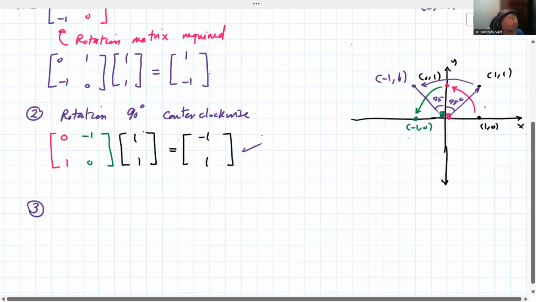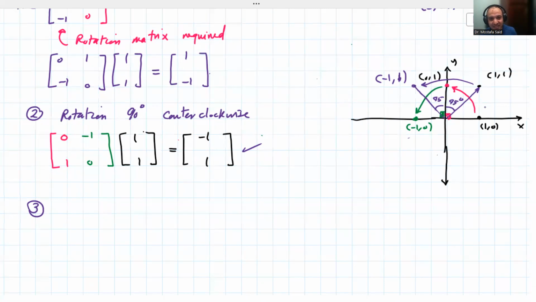Good. We're going to be experts. Be sure about that. Number 3. Let's try the 180 degrees. And for 180, it doesn't matter whether you do it counterclockwise or clockwise. Both are the same, okay? Because you're going to end up at the same location if you move 180 degrees clockwise or counterclockwise. We're going to verify this.